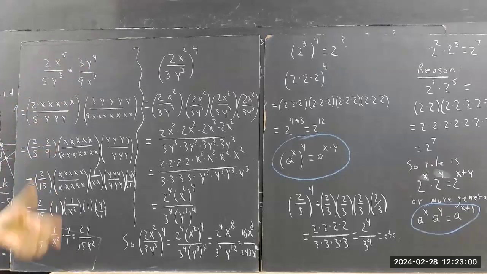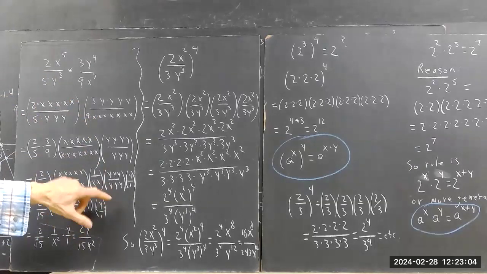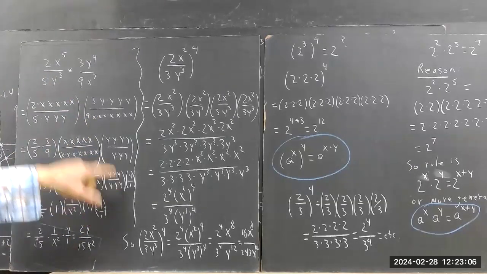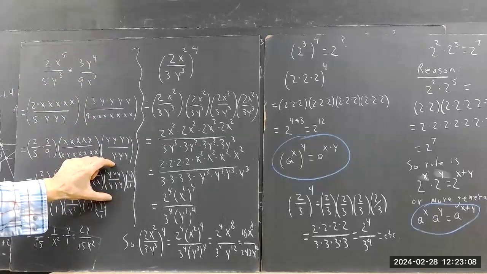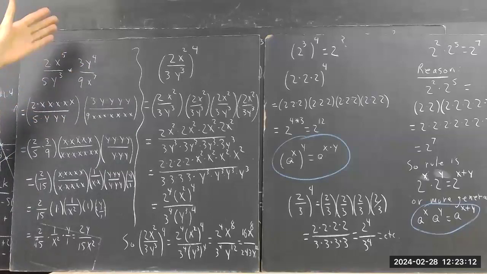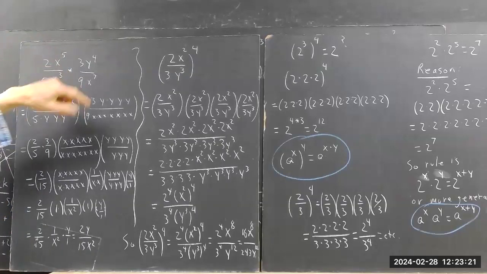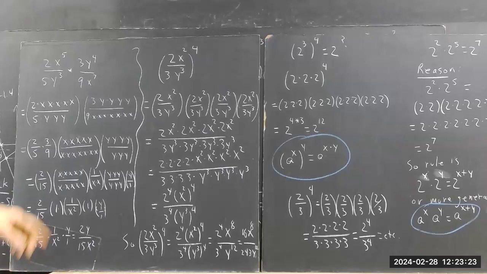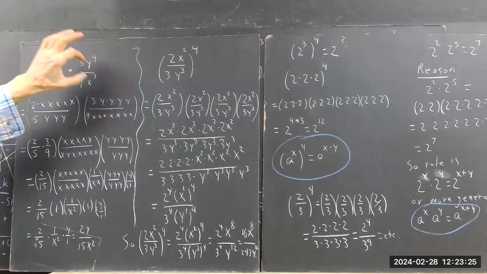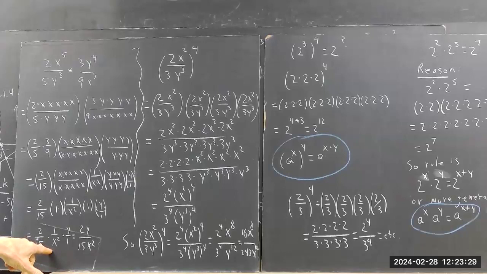They're going to tell you that. And why does that happen? It's because I can group 3 of these y's down here with 3 of the y's up here, leaving just a y. Also, the x to the 5th will divide into x to the 7th, leaving you x squared, or 5 of these will cancel 5 of these, leaving you 2 in the denominator.